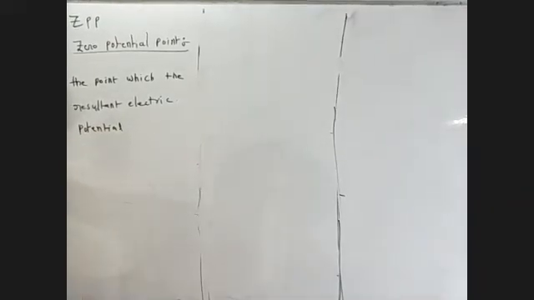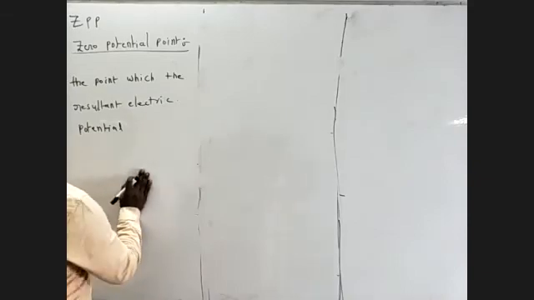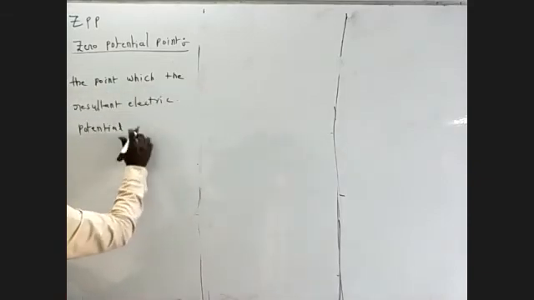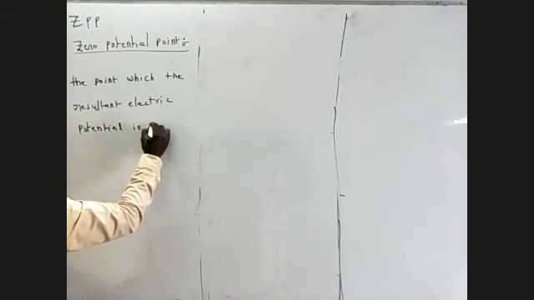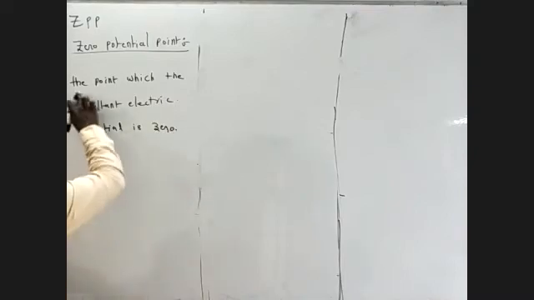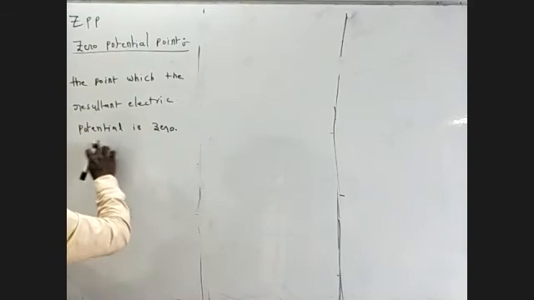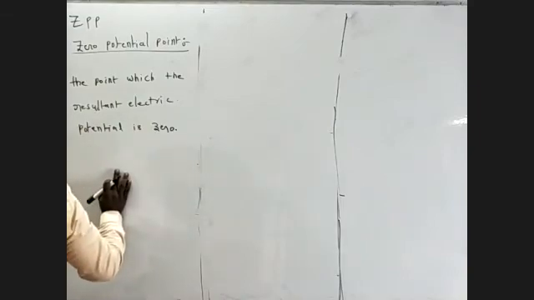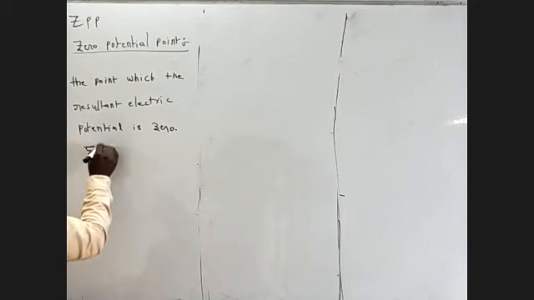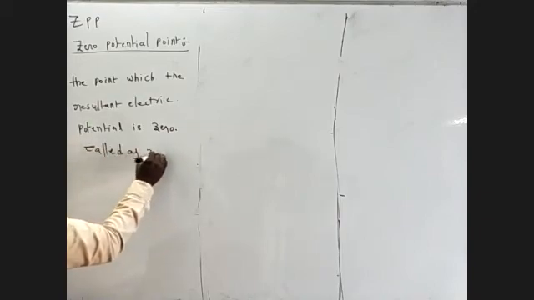The point at which the resultant electric potential is 0 is called ZPP.